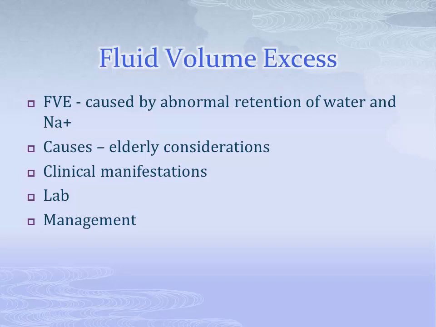So obviously the primary thing we're going to see is edema, crackles when we listen to the lungs, bounding pulses. Could be that we'll have an increase in blood pressure. So we want to look at all those things.